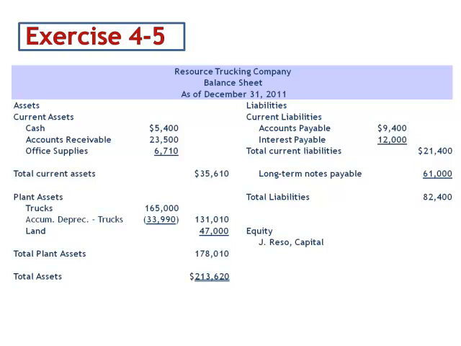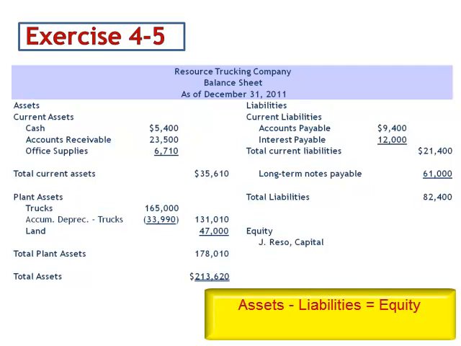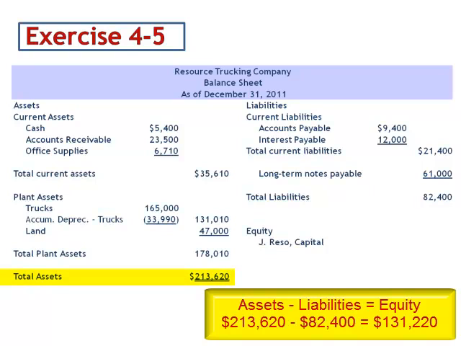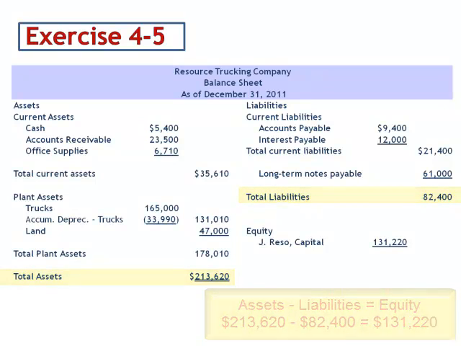Now there are several ways to determine Resource's capital. The first and easiest way would simply be to say total equity is the difference between total assets and total liabilities. So if we take total assets $213,620 and subtract total liabilities $82,400, we determine that Resource's capital account should be $131,220.